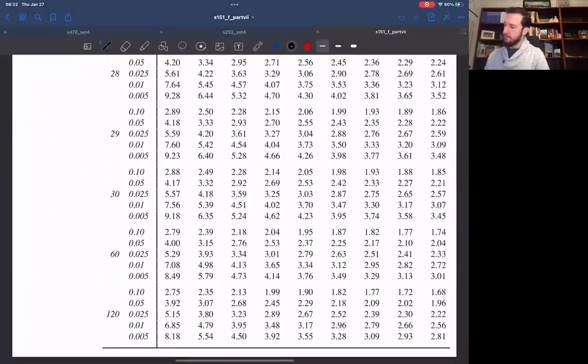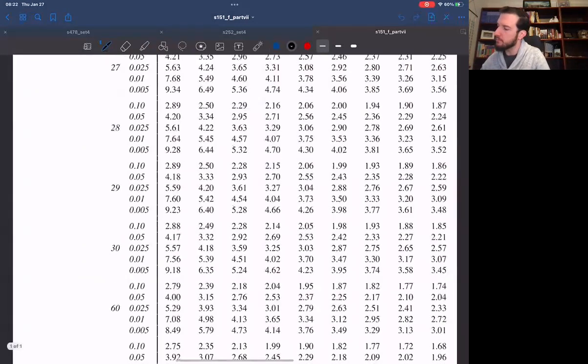okay, so you can see that the highest degree of freedom that we can get to is 120. So once our second degree of freedom goes past 120, we're forced to round down to this value.